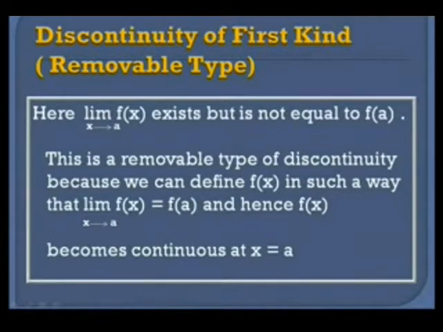We know that the limit of f(x) exists, but f(a) is not equal to the limit. But we can define f(a) in such a way that it becomes equal to the limit of f(x) when x tends to a. Thus we can remove the discontinuity and make the function f(x) continuous at the point x equal to a.